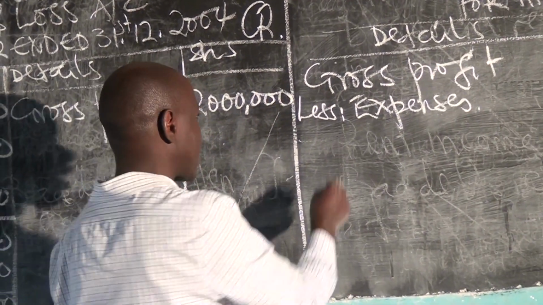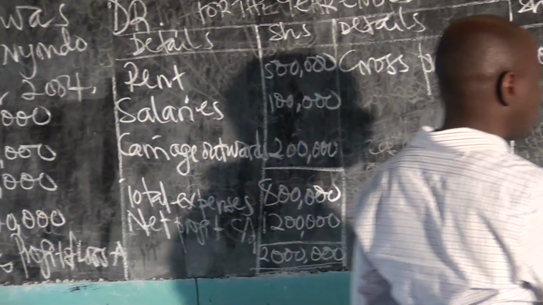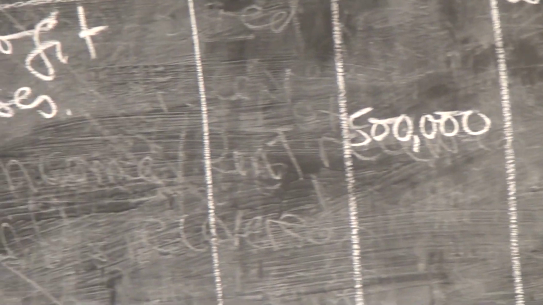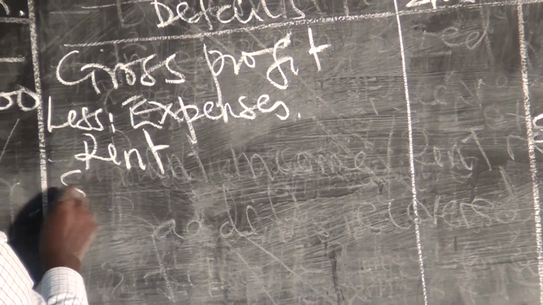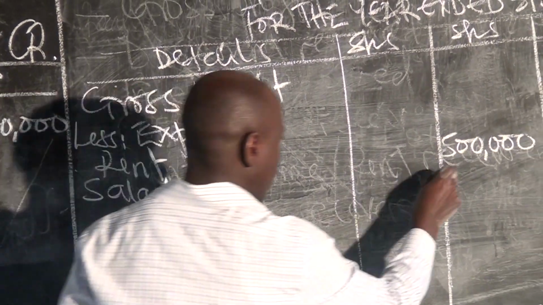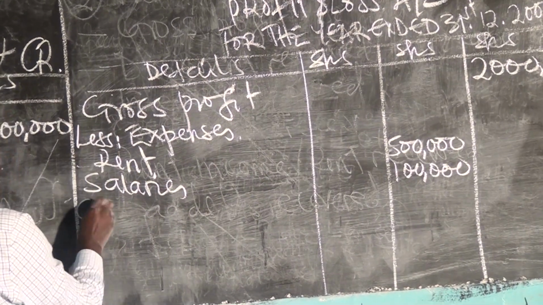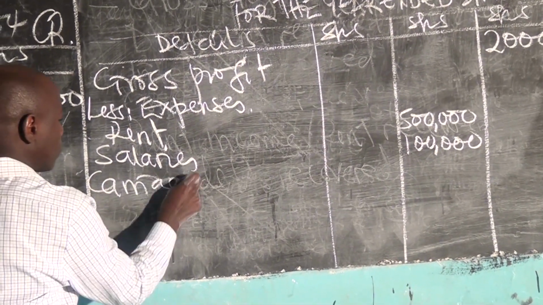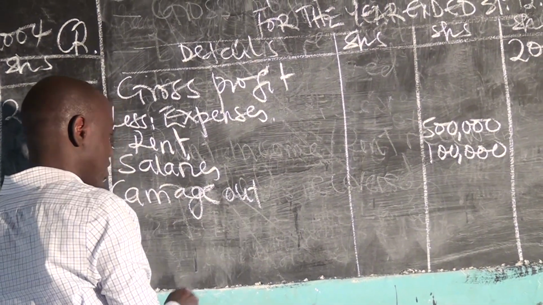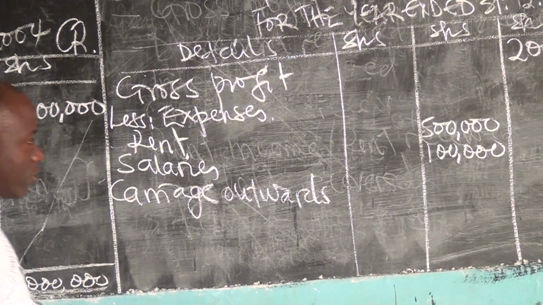Among the expenses they gave us in the example, we have rent, 500,000. Then we have salaries, 100,000. Then we have carriage outwards, 200,000.